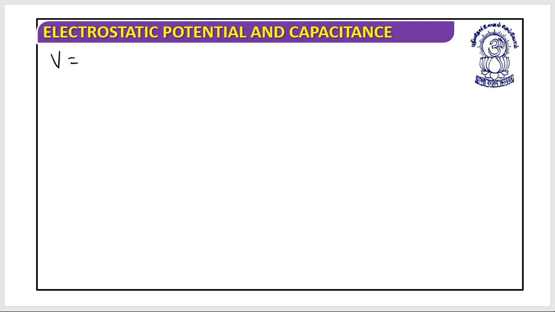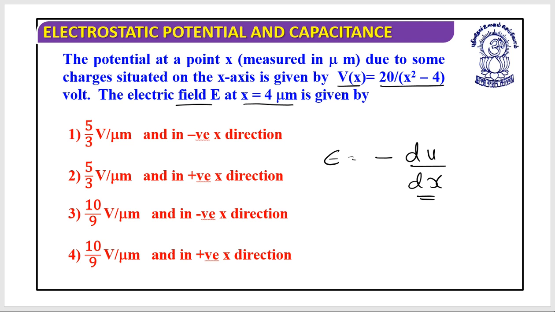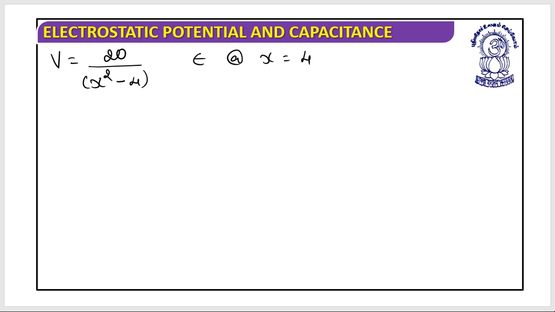V is given as 20 divided by x square minus of 4. And what I require is the electric field at x equals to 4 micrometer. So this E should be equal to minus of dv by dx.